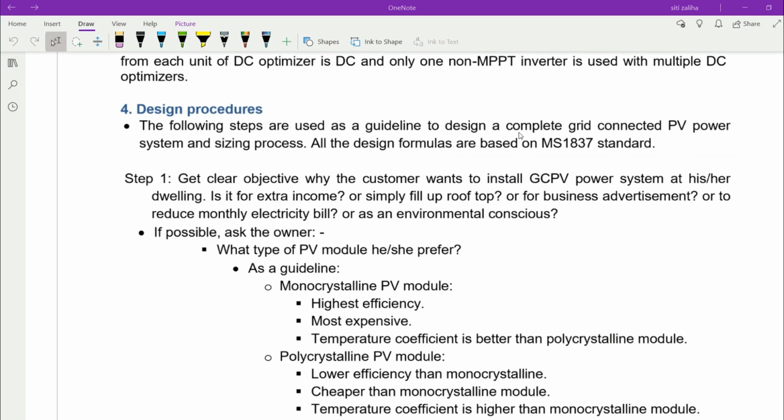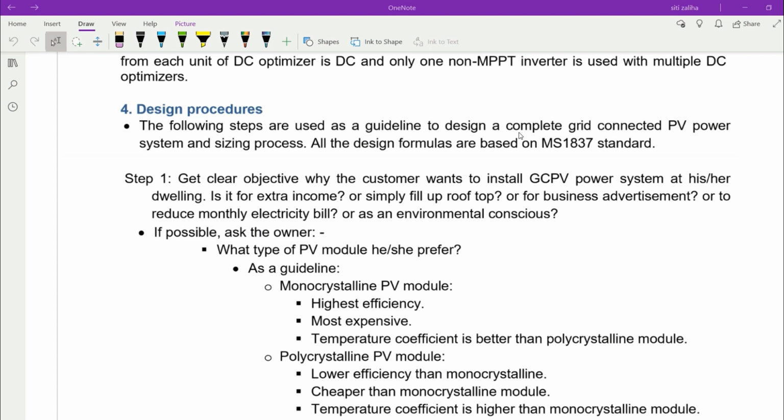We continue with the design procedure. The following steps are used as a guideline to design a complete grid-connected PV power system and for the sizing process. All the design formulas are based on the Malaysia Standard 1837. Step number 1, get a clear objective: why does the customer want to install a GCPV power system at his or her dwelling?